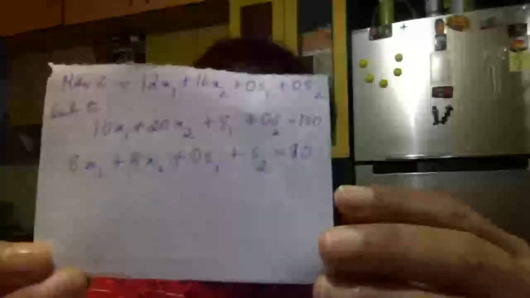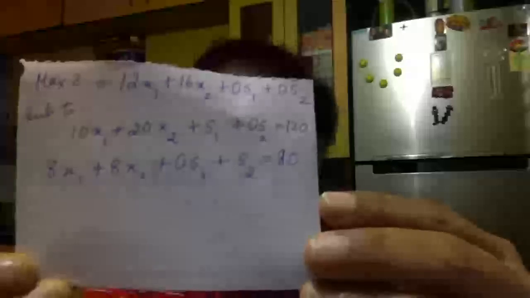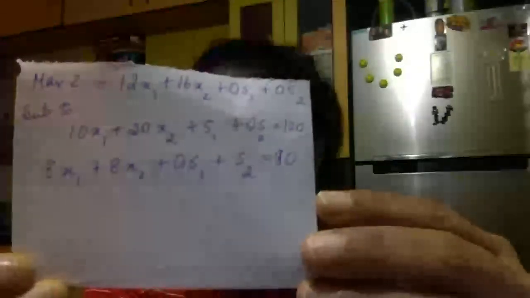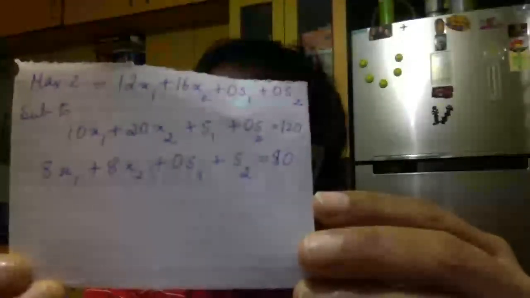So 8x1 plus 8x2 plus 0s1 plus s2 is equal to 80.